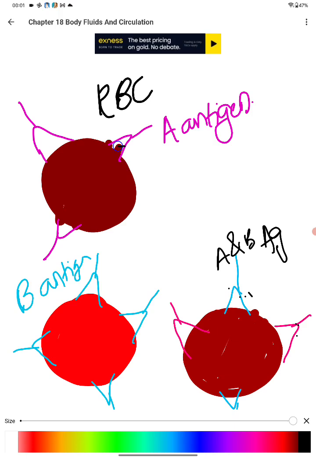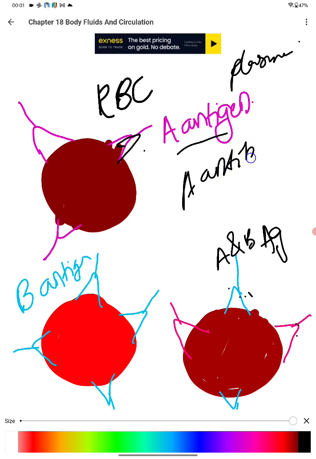So the RBC has some antigen on it. What about plasma? Plasma has antibody. Antibody means against the antigen. If the antigen is A, and the plasma is having antibody A, then the antibody will go and bind and destroy the antigen.